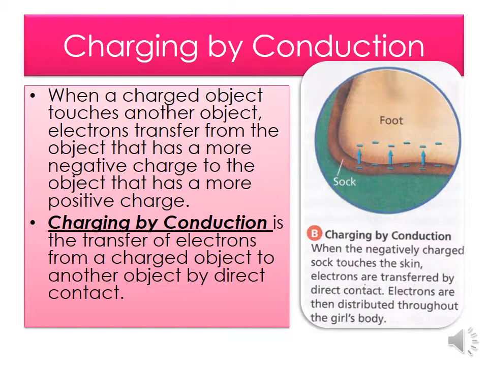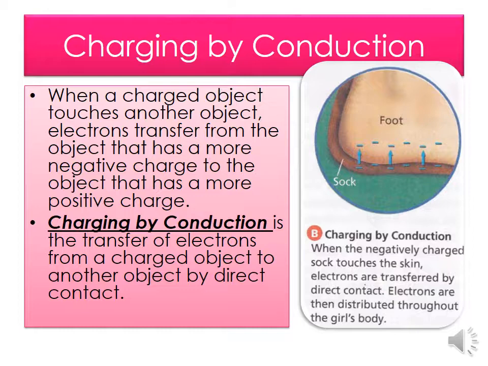All right, so back to our example. You saw in the last slide, charging by friction, the negative charges from the carpet were rubbed and transferred to her sock. Now charging by conduction: when the negatively charged sock touches the skin, electrons are transferred by direct contact. Electrons are then distributed throughout the girl's body.